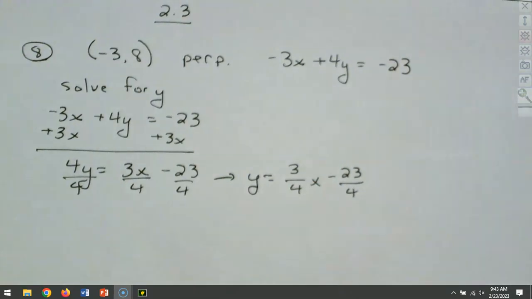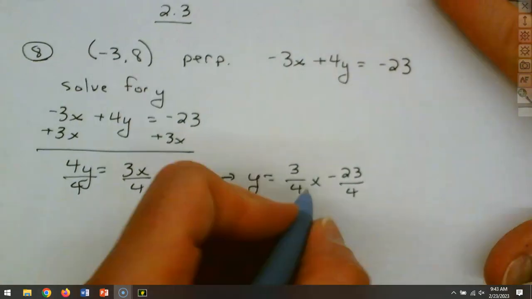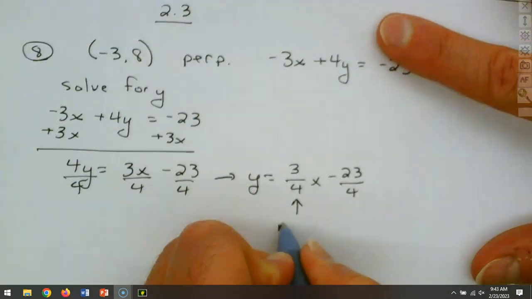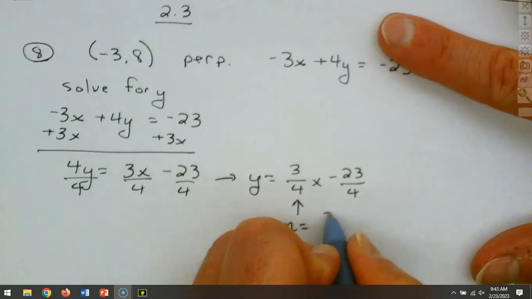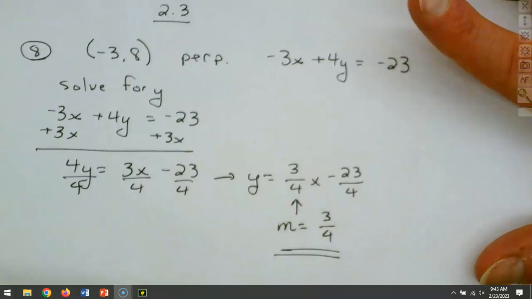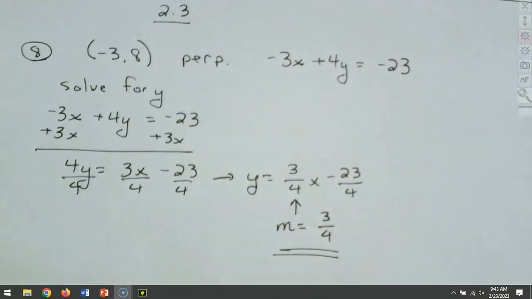Now, all we need is the slope. I don't care about the y-intercept. All I need is the slope. So the slope from here is 3/4, right?